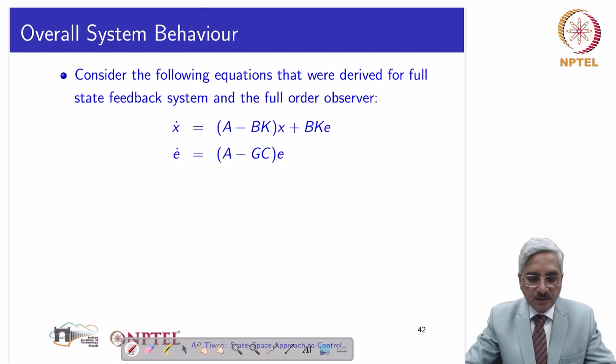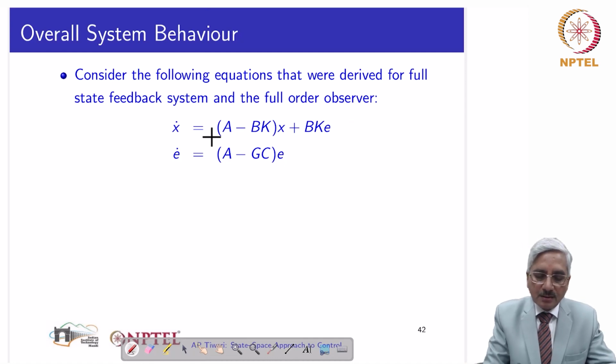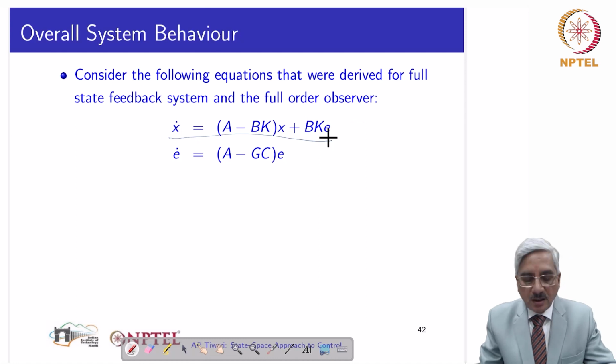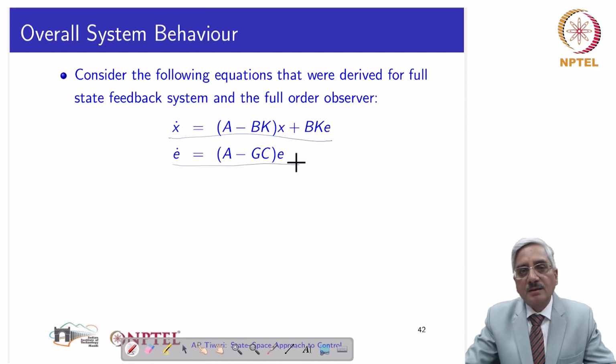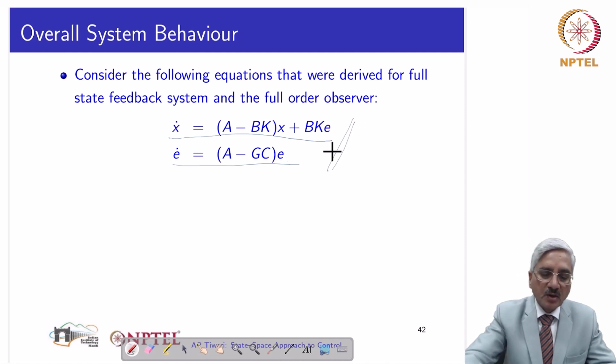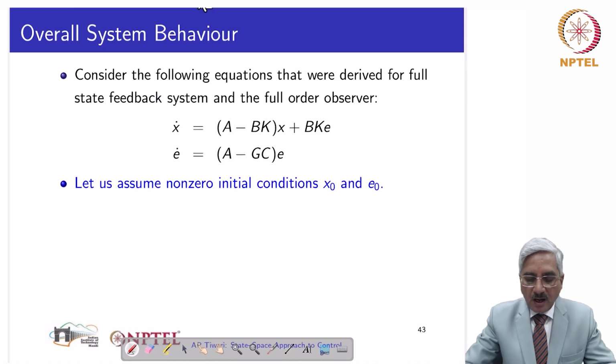They can do it themselves. So we had this equation for the state, and this was the equation for the error. In fact, this was the triangular system where we concluded the eigenvalues of the overall system. These equations were derived, we had seen, and we assume that the system is not at equilibrium.